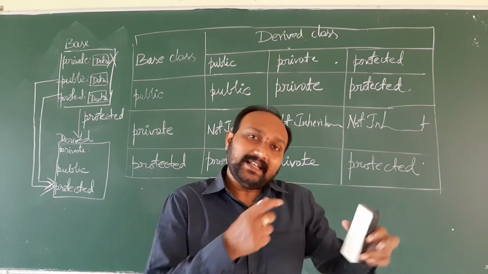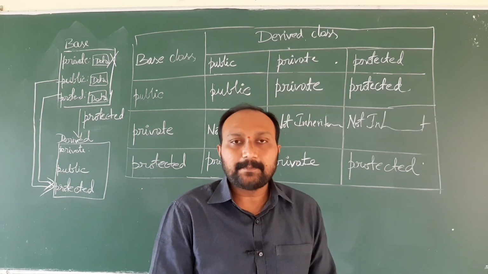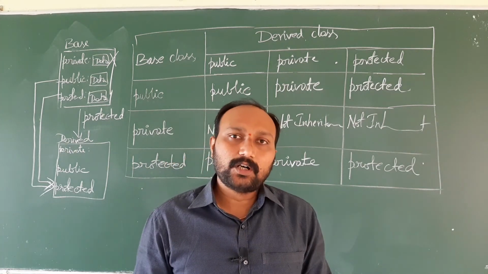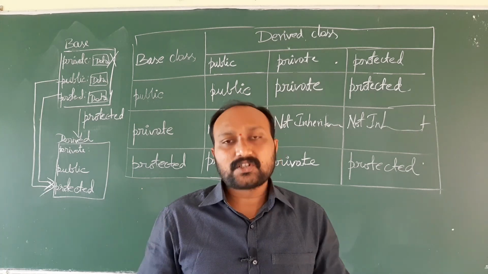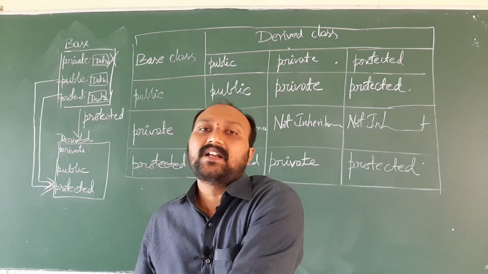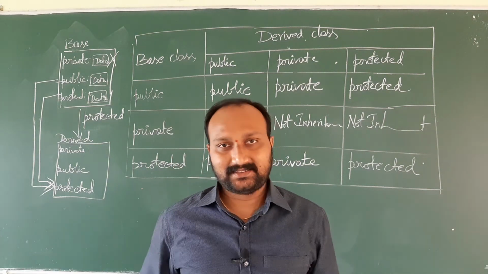But some of their characteristics are private to them, and I may not be able to inherit them. So here, visibility mode describes what data members or characteristics are accessible to a derived class and what are not accessible to a derived class.